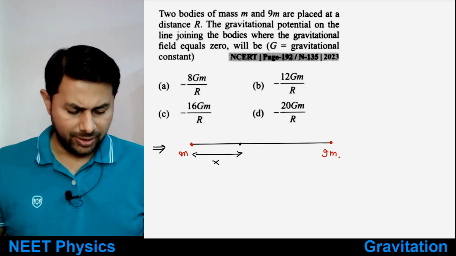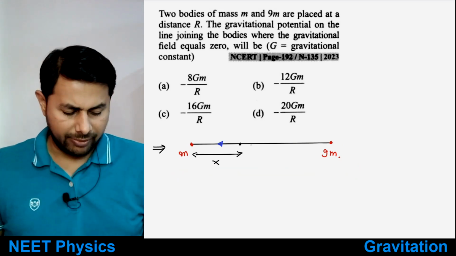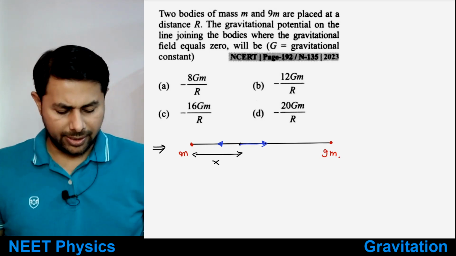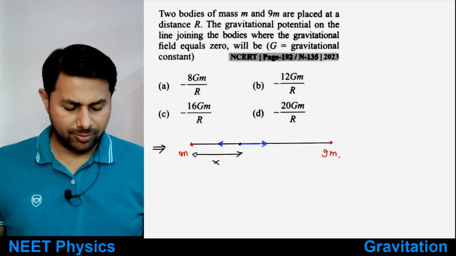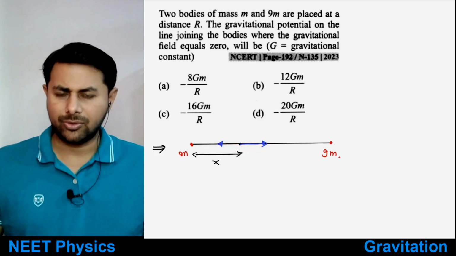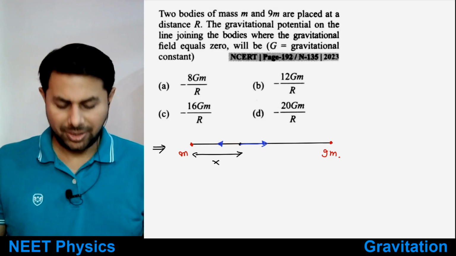So gravitational field due to this mass m would be directed in this direction. Gravitational field due to the other mass would be directed in the other direction, right? So if both fields are equal and opposite, then we can say the total field is equal to 0. Yes, no?